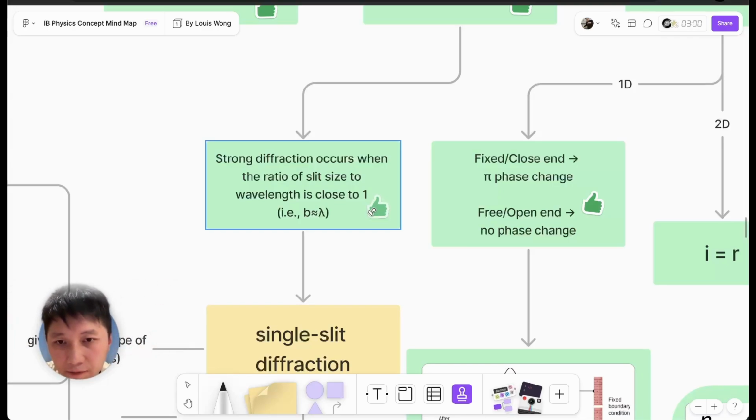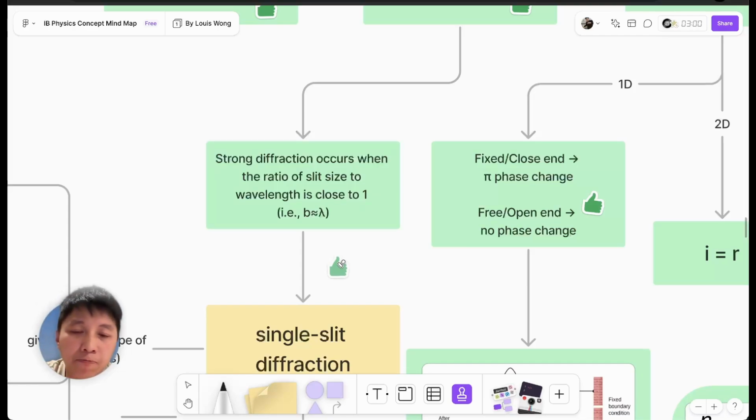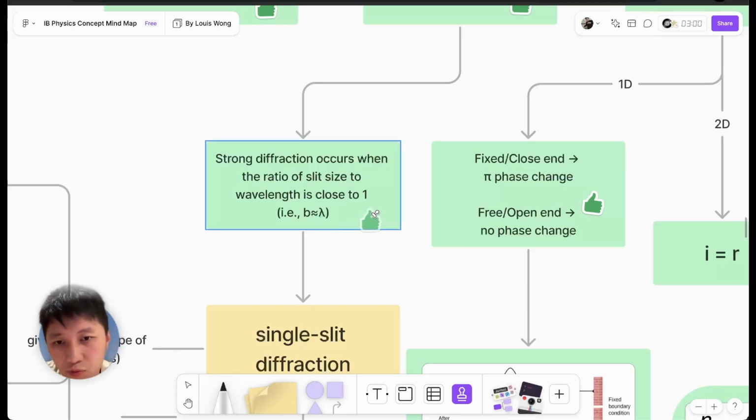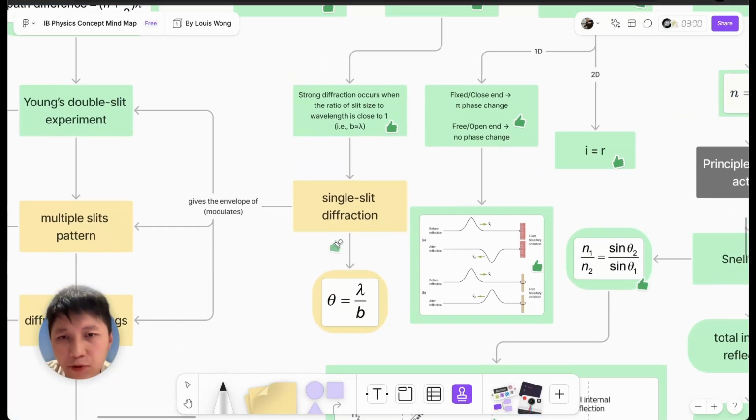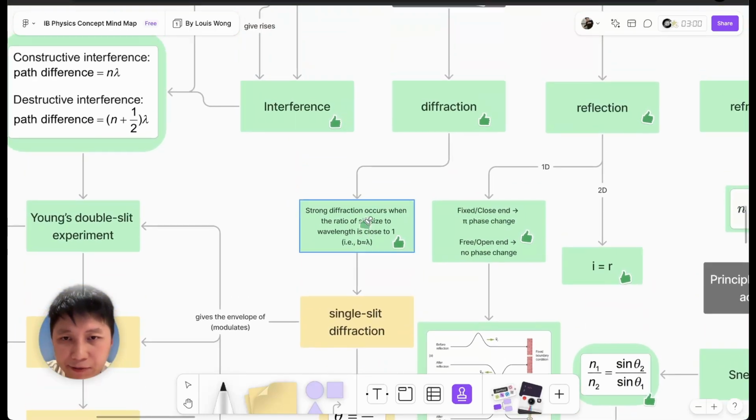That's called diffraction. It's actually relative: the size of the slit and the wavelength is always relative. It is considered strong when the ratio is close to 1. The symbols are b and lambda. We'll come back to this later on for the HL regarding single slit diffraction.